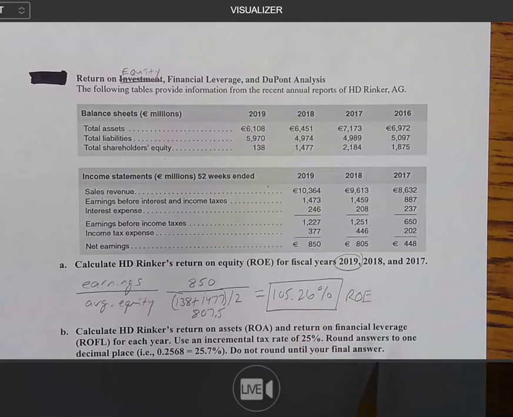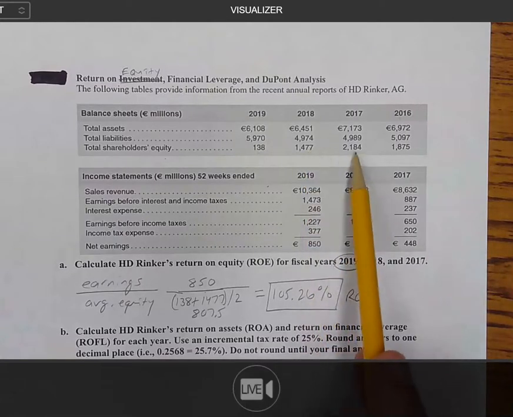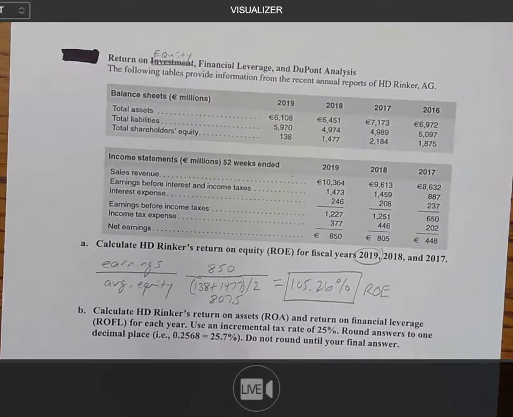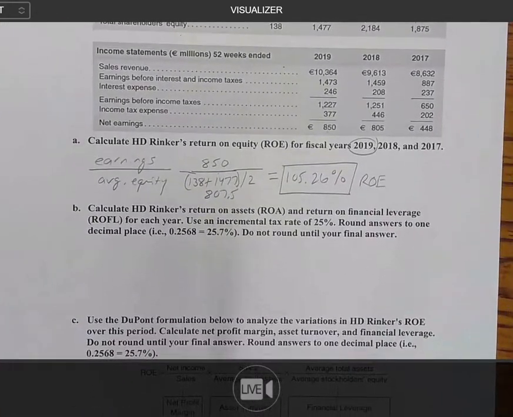If we apply the same formula for 2018, we would look at 805, and then we would use equity 1477 and 2184, and I can tell you right now it's going to go down fairly significantly. But in the interest of time, we're going to call it good with 2019.